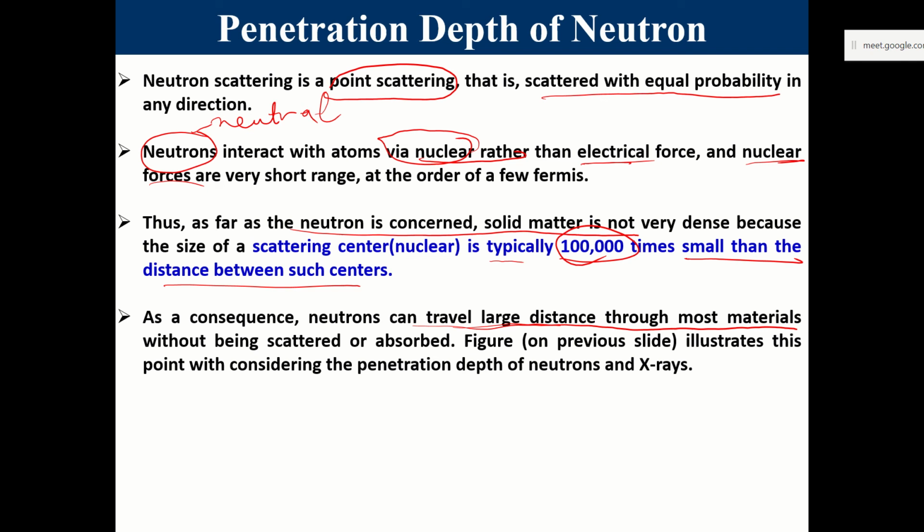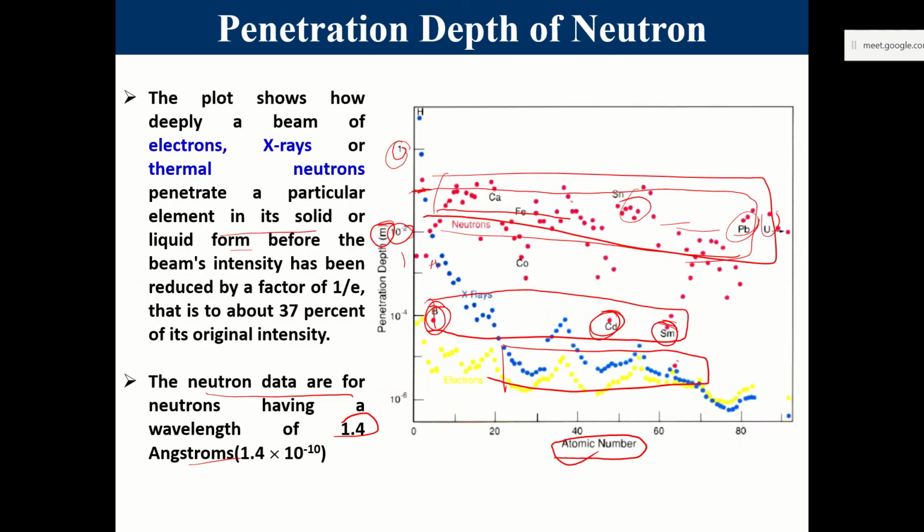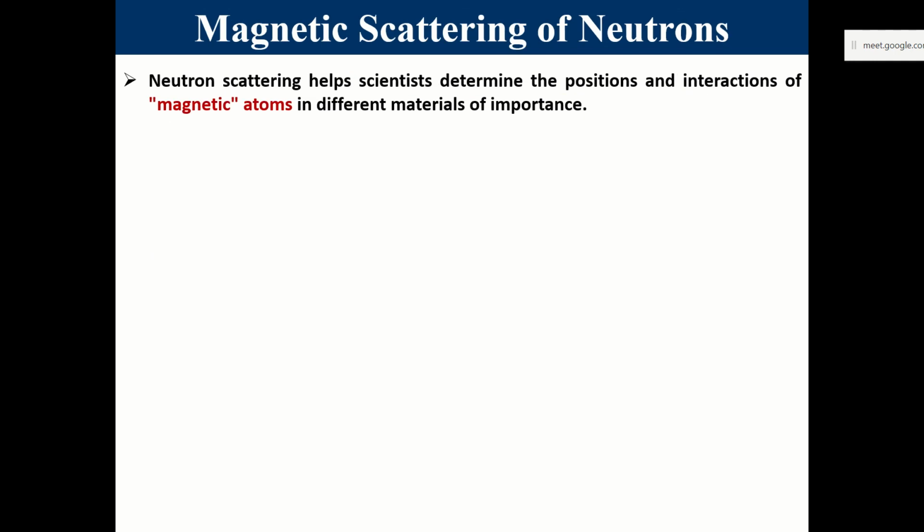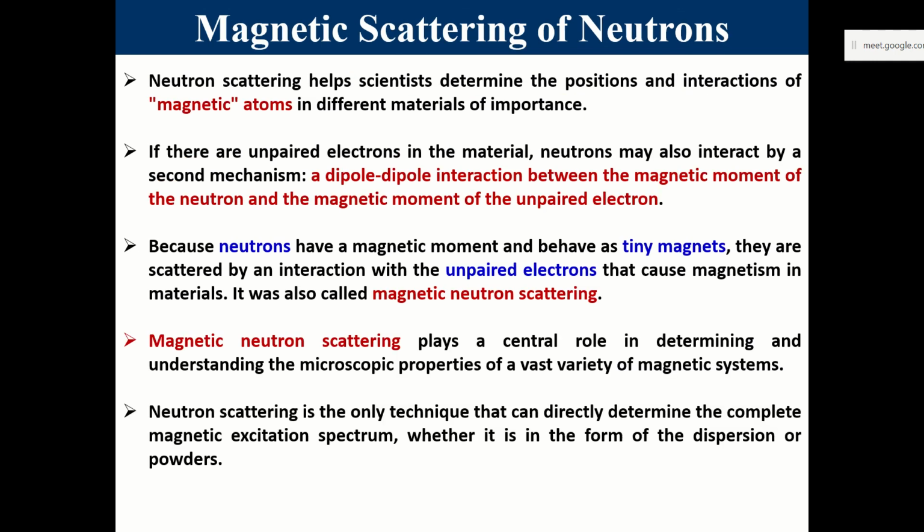It is unaffected by the electrons, which occupy the major space in an atom. So it is expected that it will travel a large distance without being scattered or absorbed. That picture on the previous slides, okay, I'll show later on.